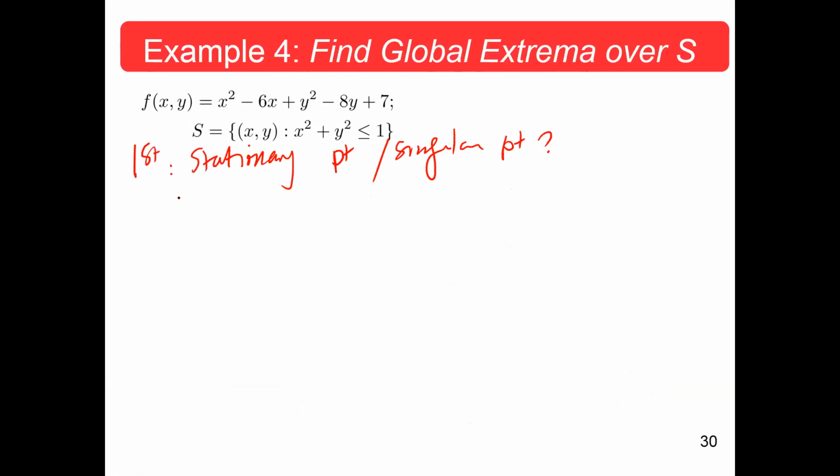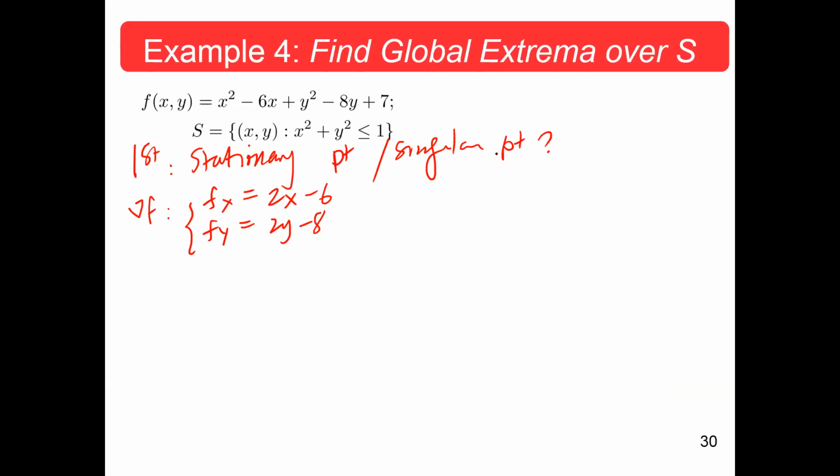Stationary point or singular point is both about the gradient of f. So for the gradient of f, we have partial x, which is pretty straightforward. That's just 2x minus 6. Partial y would be 2y minus 8. Is that good, folks? So the gradient both exists.